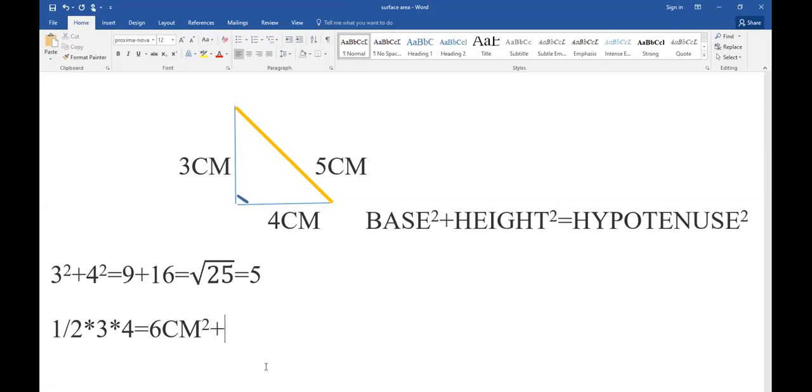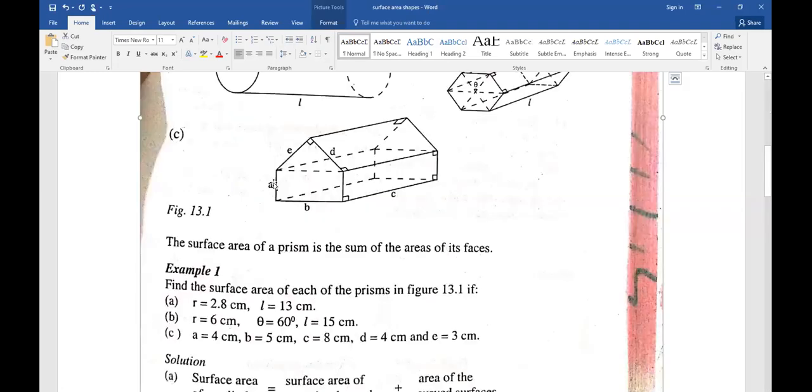And then you see plus A times B. A times B is 4 times 5, which is 20.